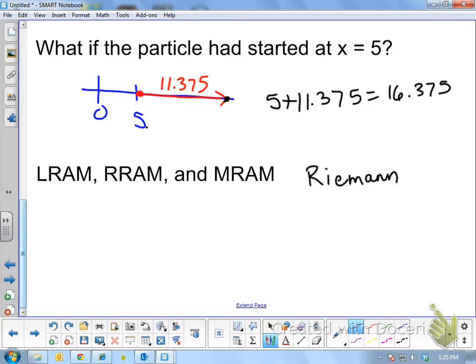So we're using Riemann sums. So this is a left Riemann sum, but I forget what the AM stands for. Maybe approximation method? I don't remember. But a right Riemann sum and a midpoint Riemann sum. So these are the 3 basic approximations we use.